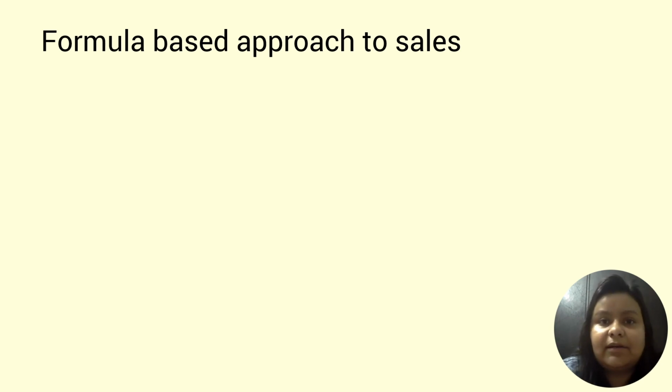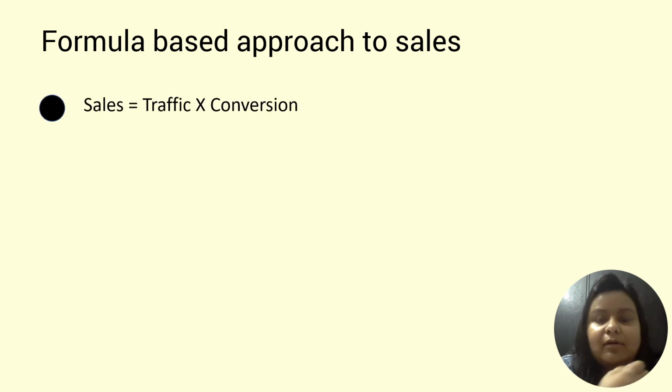But here let's just understand what attributes contribute towards sales. First sale happens and then it increases. So the basic formula is sales is equal to traffic into conversion, right? Now let's understand what's traffic and what's conversion.